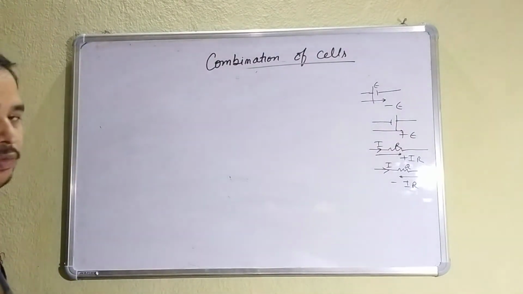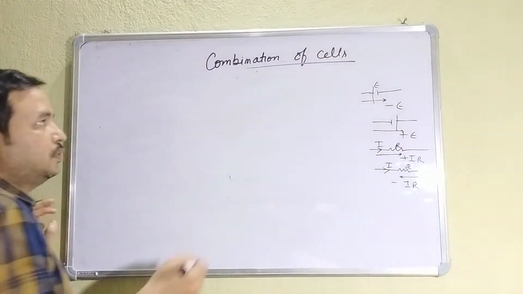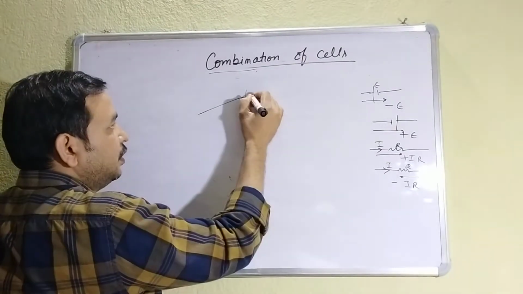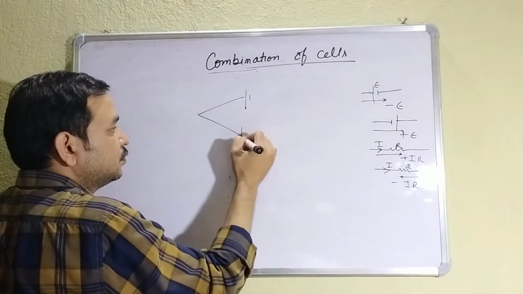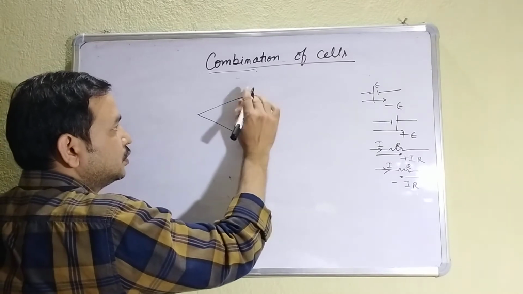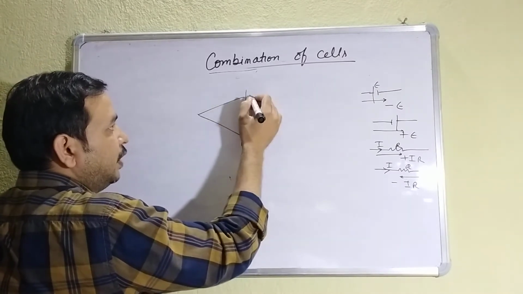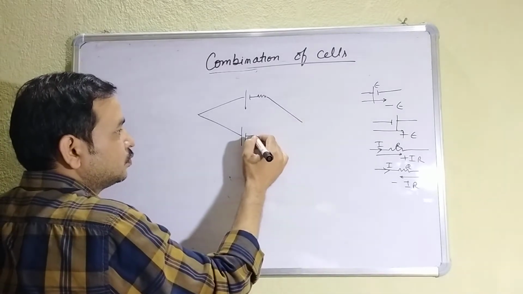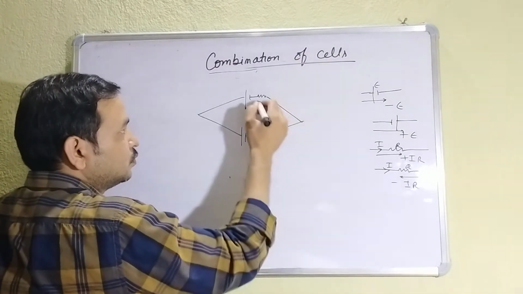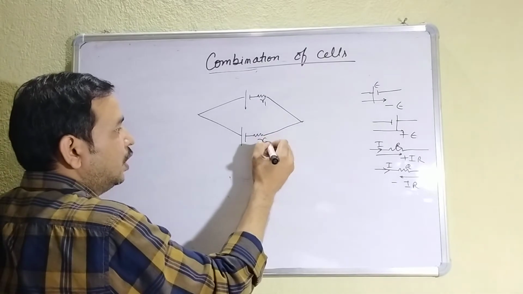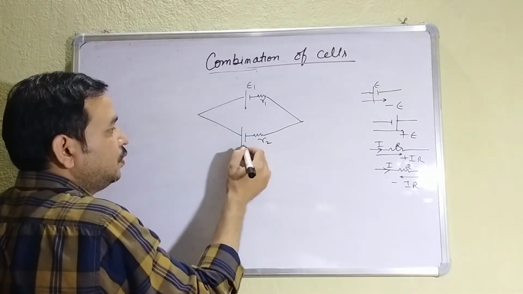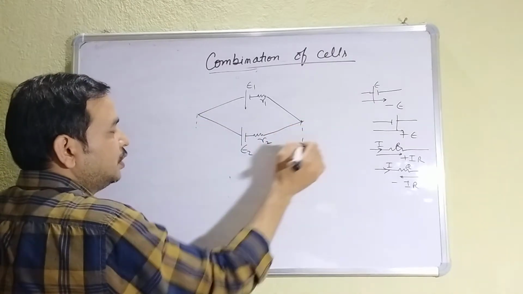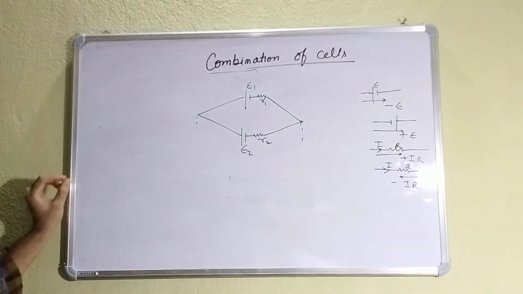So this rule, Kirchhoff's rule, we will apply again. Suppose the cells are connected in parallel like this, two cells, and they have internal resistances R1, R2, and EMFs E1, E2. They are connected to some circuit, whatever it may be.